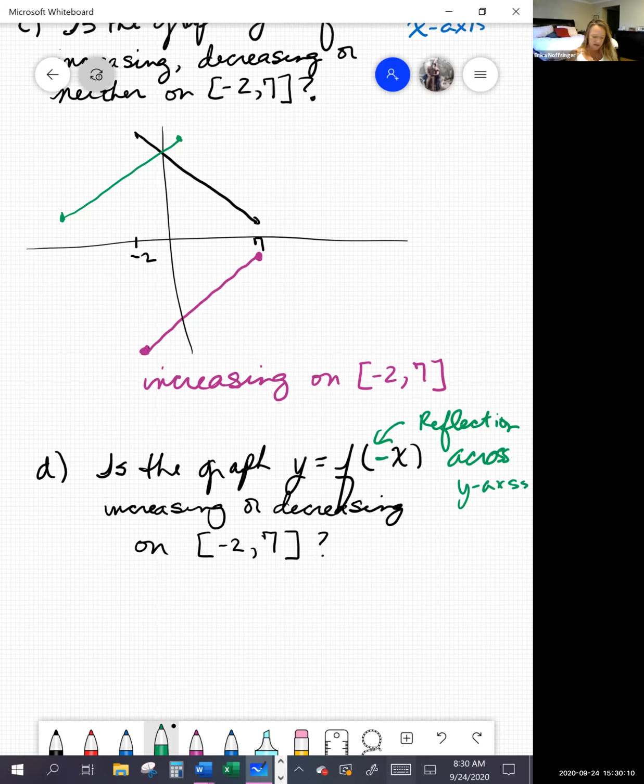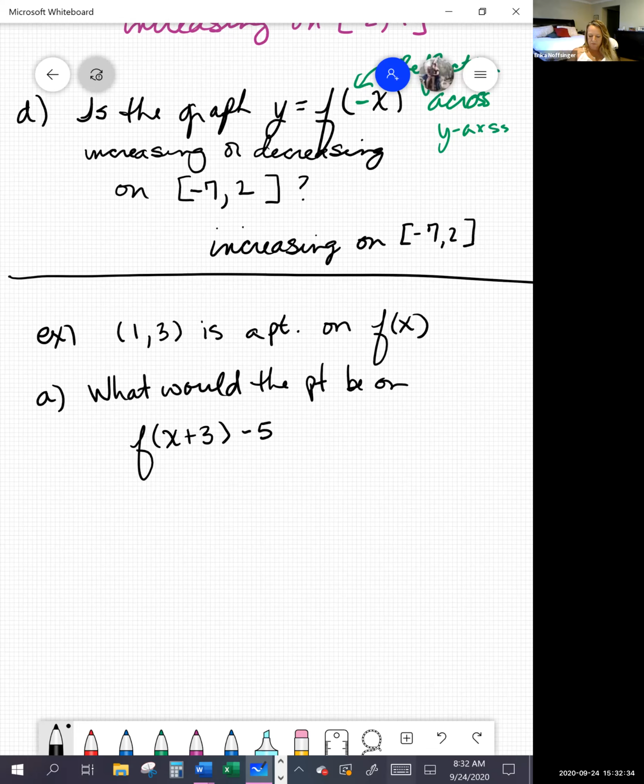So what would the point then be on f of x plus 3, and then in that parentheses minus 5? Think about it, see if you could figure out what that point would be.